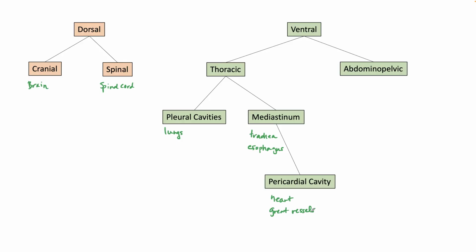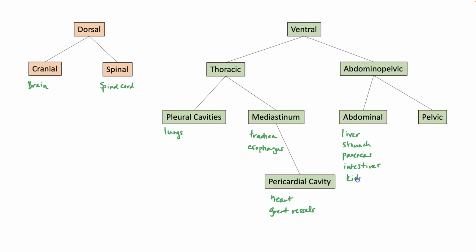These are the large blood vessels that are leaving and entering the heart. Now, we have the abdominal pelvic cavity, which can also be subdivided into the abdominal and the pelvic cavities. Within the abdominal cavity, we have different organs. For example, we have the liver, the stomach, the pancreas, the intestines, the kidneys, and the spleen.